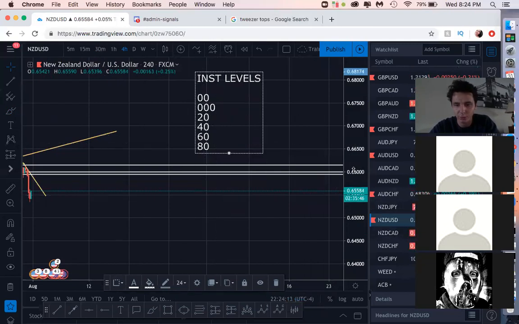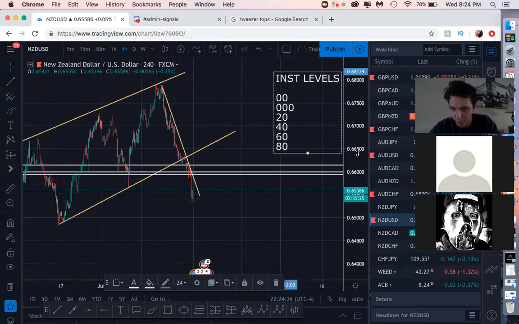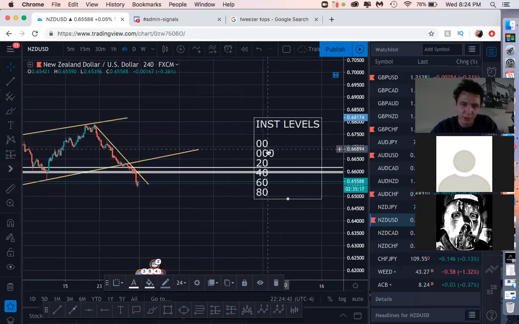So we got the 000 aligning with the 6. I mean, there's your 50s, your 80s, 40s. Then you can also bring it down to the double zeros. And if you're counting just pip-wise, your big numbers, so like your 70 cent area, that would be your triple zeros if you aren't counting that last digit.